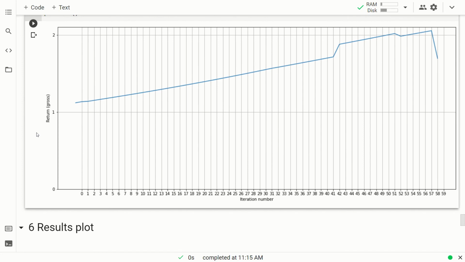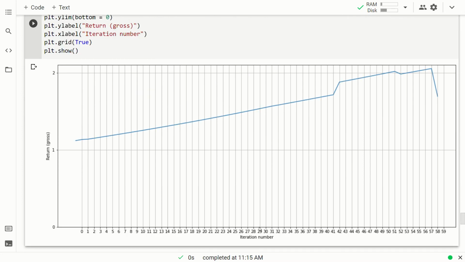Okay. This is a chart. We are plotting our return here. It looks linear, but probably it's because I have chosen a very high multiplying factor at the beginning. So I initialized the multiplying factor with a very high value.